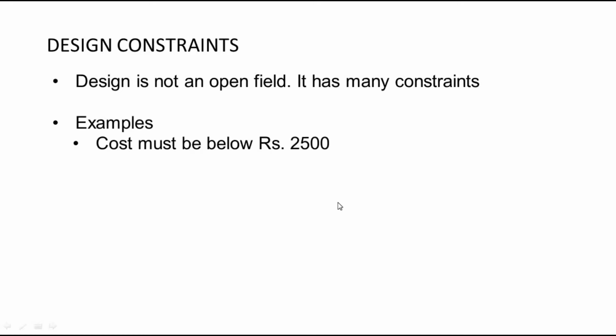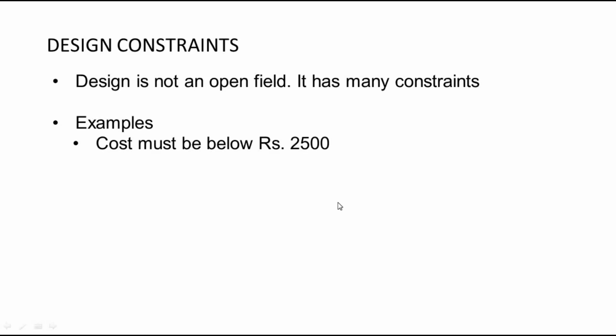Next is design constraints. There are things the designer cannot do in a particular design. There are some limitations, or constraints, and those are called design constraints. For example, design a chair which will cost below 2,500 only.